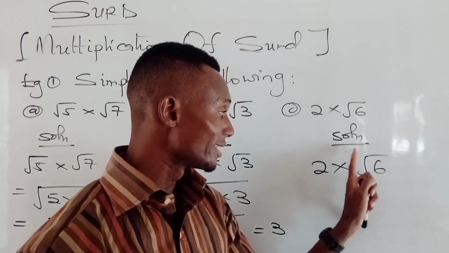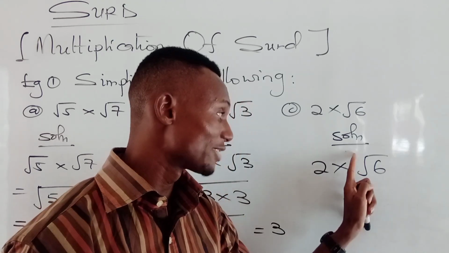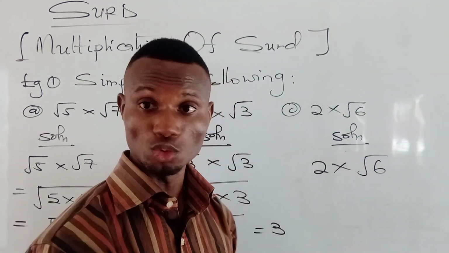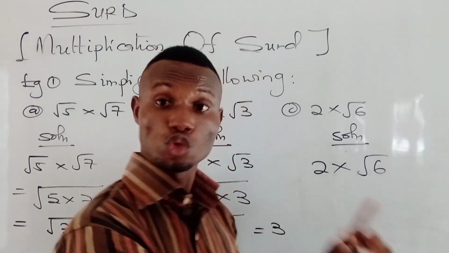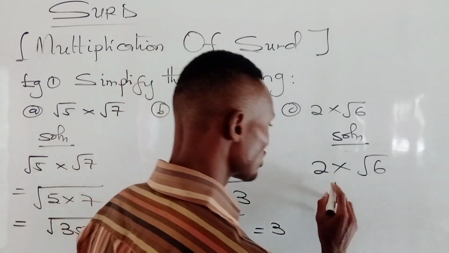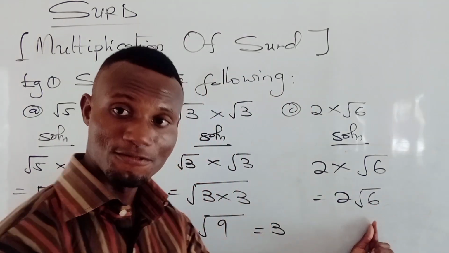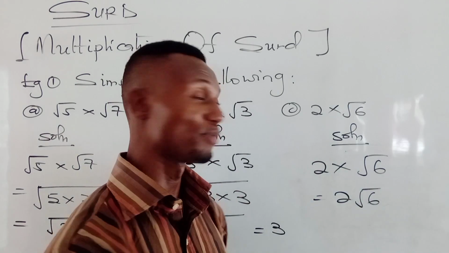Since there's no specified number here, the coefficient is 1. So it's going to be 2 times 1, which is 2, and 2 times root 6 gives 2 root 6. That's how you conduct it. So this one is going to be 2 root 6, and this is your final answer.